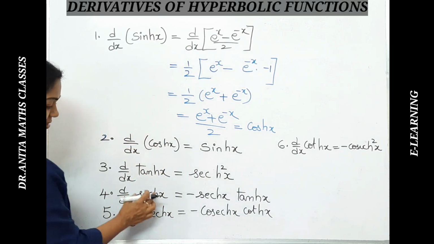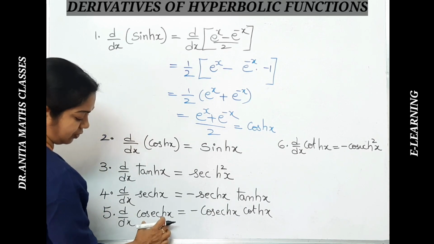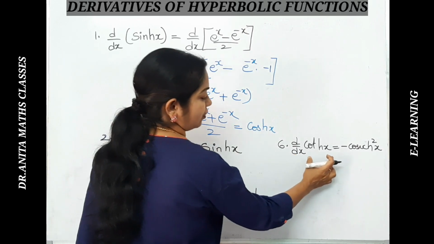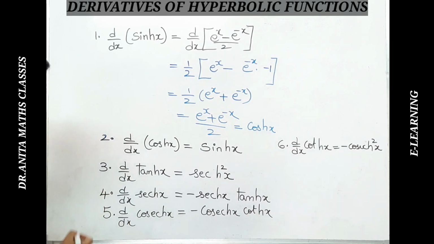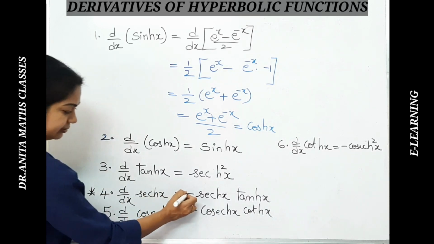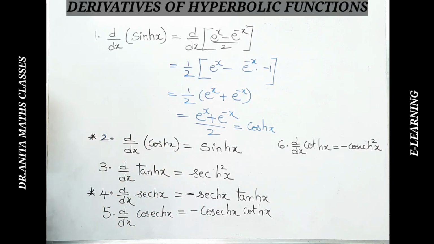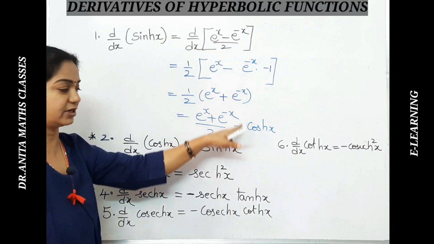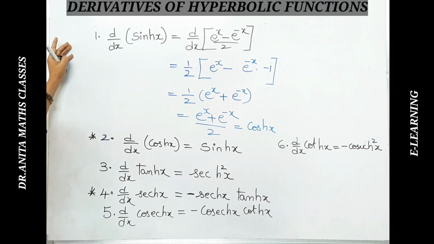But later on, the derivative of secant h of x is minus, the derivative of cosecant h of x is minus, and the derivative of cot h of x is minus. So you need to remember this part. We have minus here, and here we do not have a negative sign. Yes, so these are the derivatives. You can prove them in a similar fashion by differentiating the actual hyperbolic function and get the answer for all of these also.